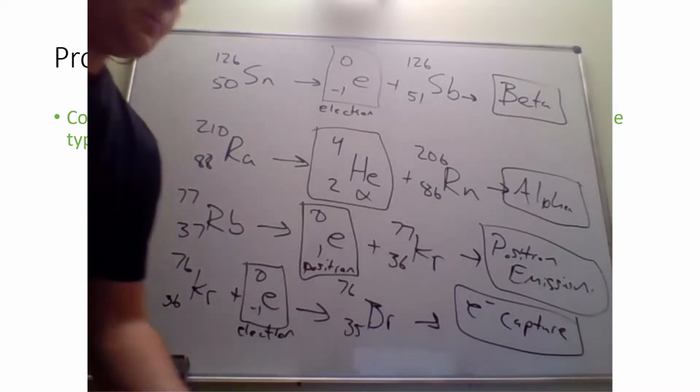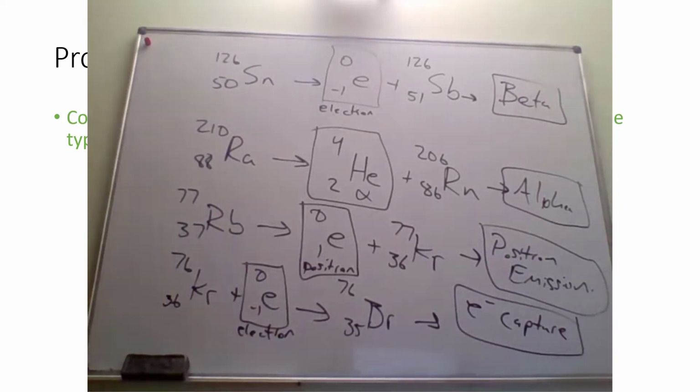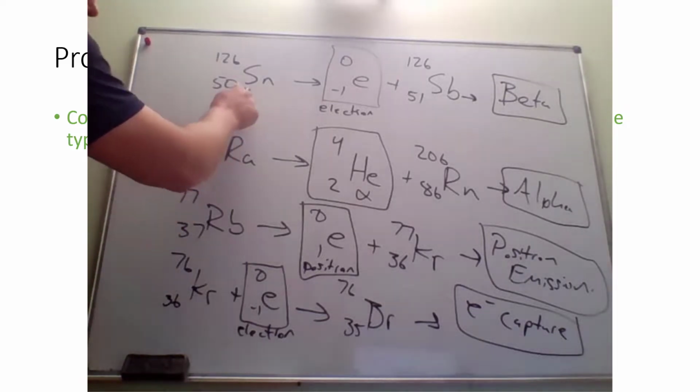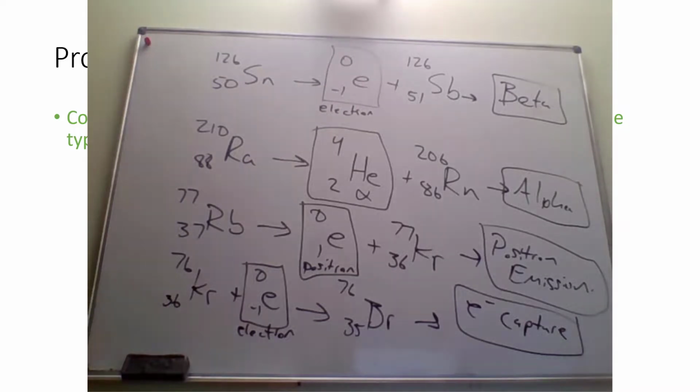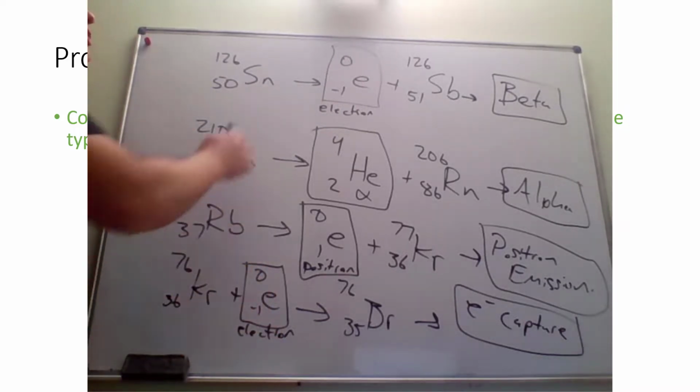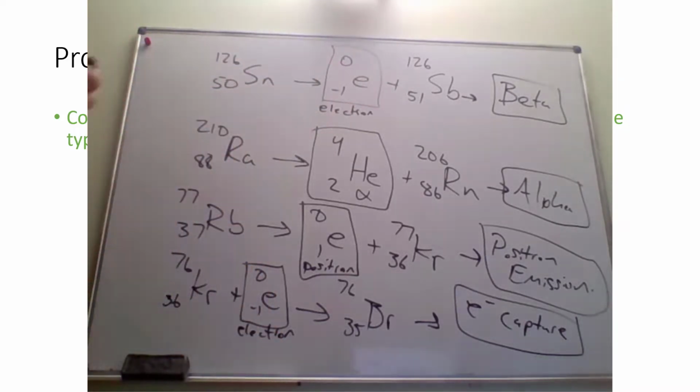Okay, so you should be able to recognize each of these different types of equations, and you should also be able to, if given the starting material and whatever sort of particle it either produces or takes up, balance the equation and determine what the product is going to be.